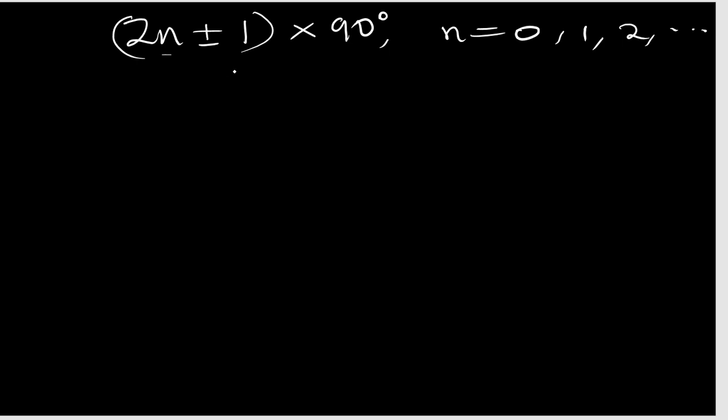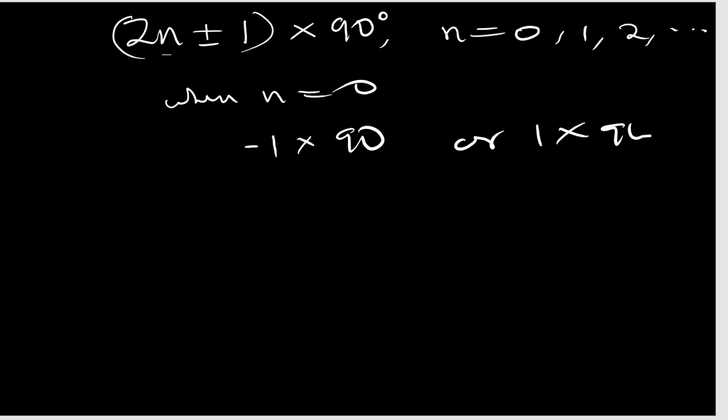If it is odd in absolute terms, the cos will be 0. For example, when n is equal to 0, we are going to have negative 1 times 90 or 1 times 90.